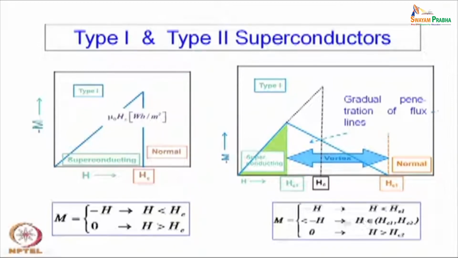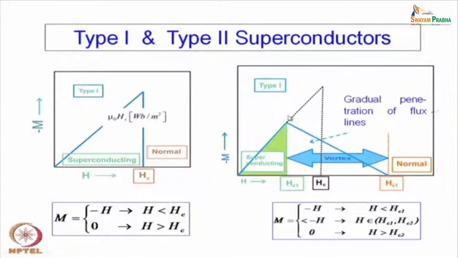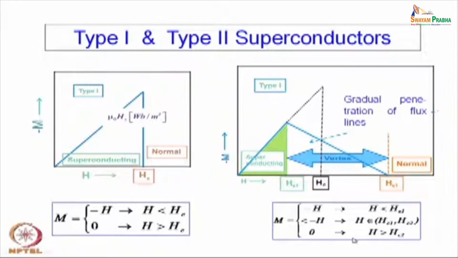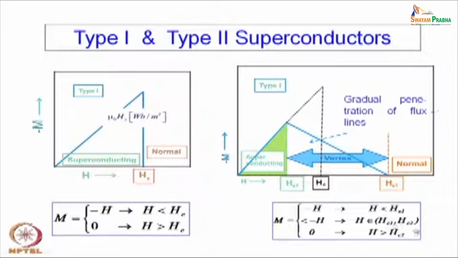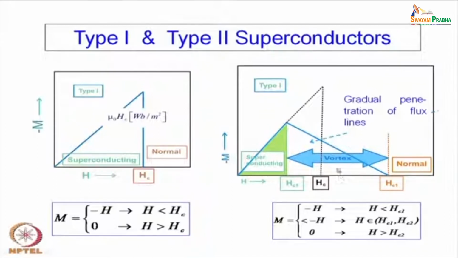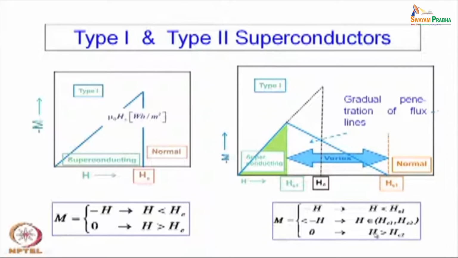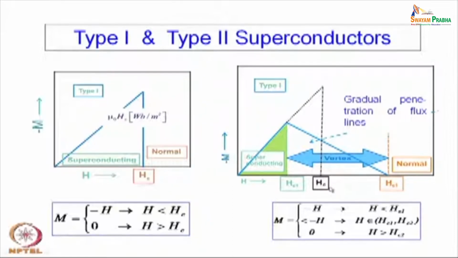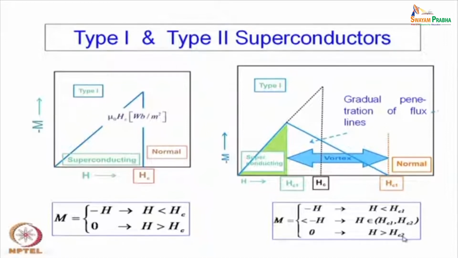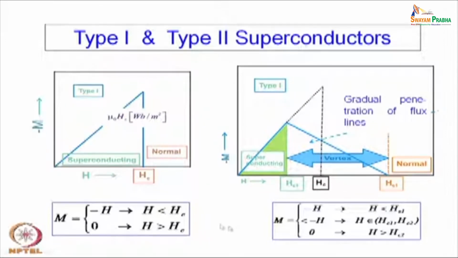Okay. So, it has a gradual change with a slope. The slope has to be introduced. So, M is a function of H, Hc1 and Hc2. And if H is beyond Hc2, greater than Hc2, then M is 0.